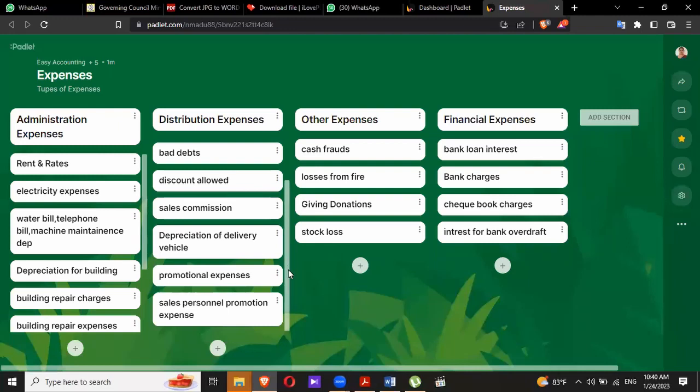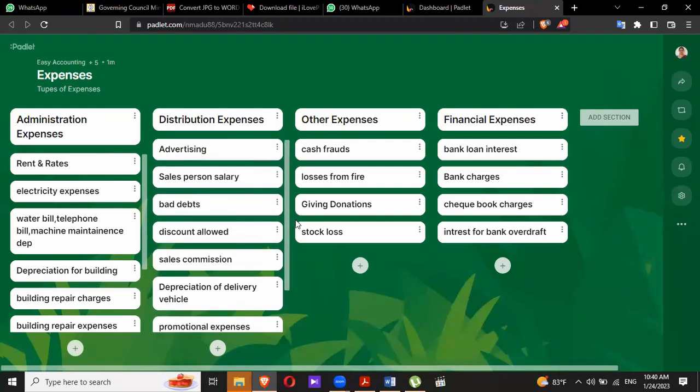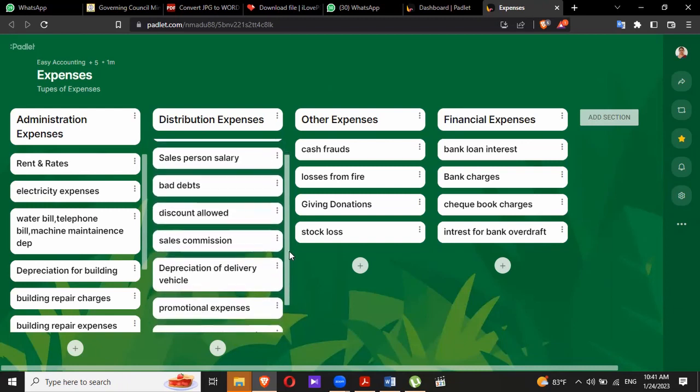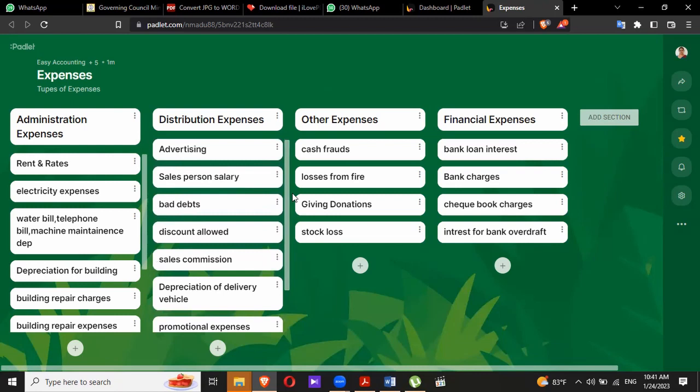Sales staff promotional expenses can take. Right. So those are the expenses related to distribution expenses, right? You have already added. Advertising, salesperson salary, bad debt, discount allowed, sales commission, depreciation of delivery vehicle, promotional expenses.